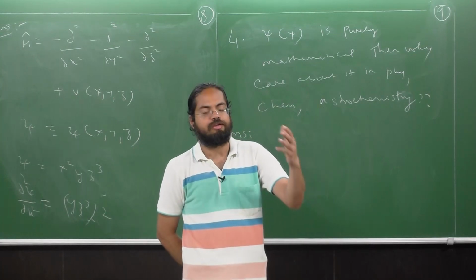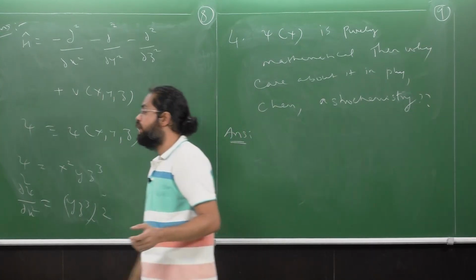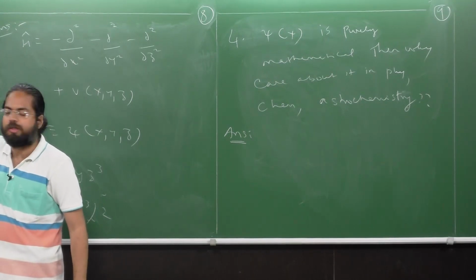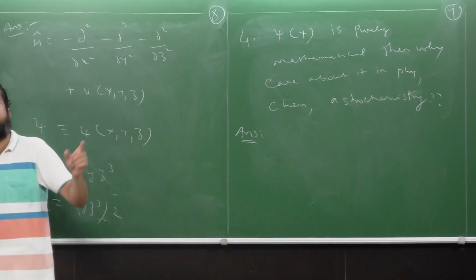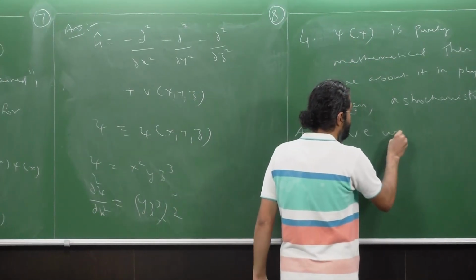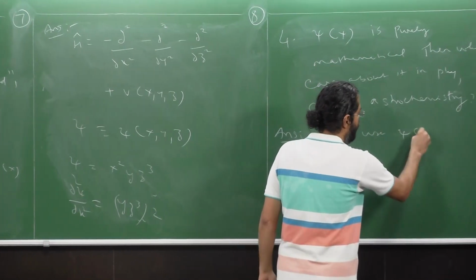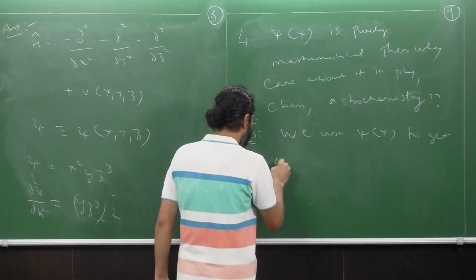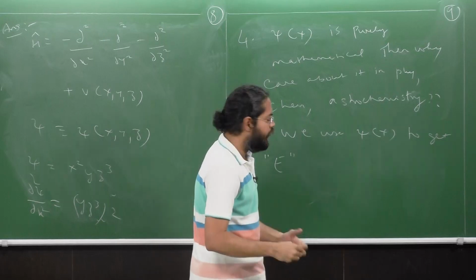What is the obvious answer? Well, even though the psi, that is the wave function itself, is purely mathematical, we use that to get the energy. The answer is that we use psi of x to get energy. Now, energy is, of course, a physically observable.